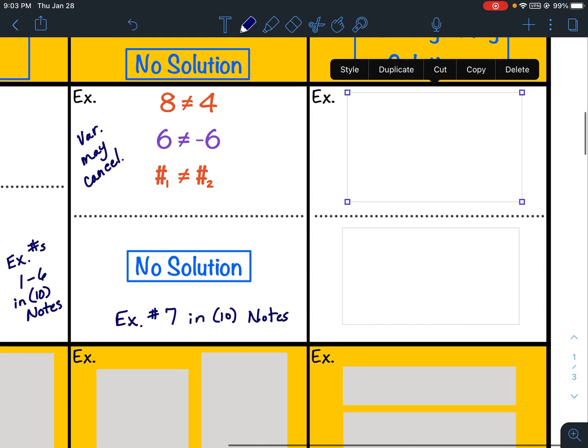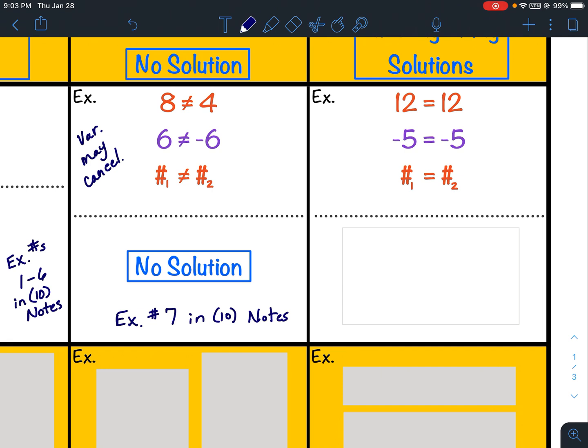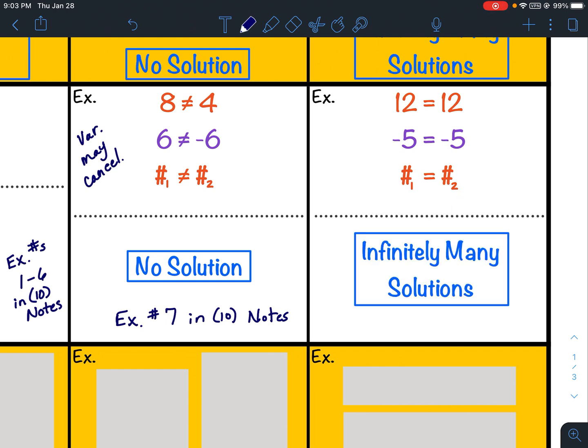All right, so if after the third step you get two numbers that are equal to one another, 12 equals 12, -5 equals -5, one number equals the other number, then that is infinitely many solutions. And this is example number 8 in the lesson 10 notes.